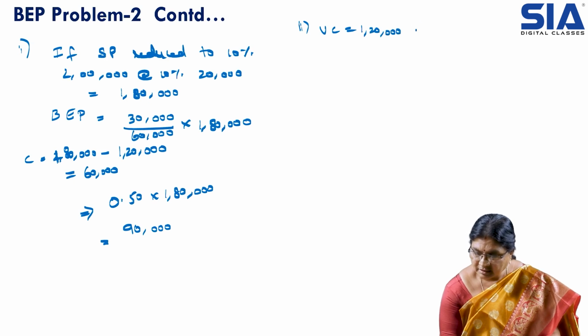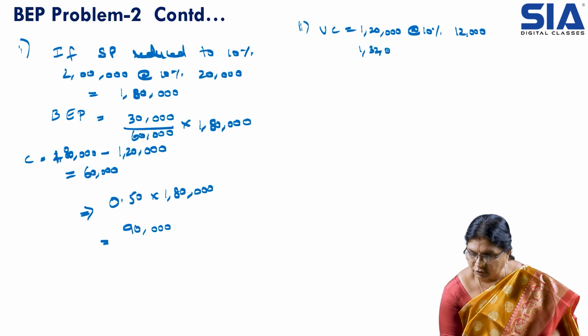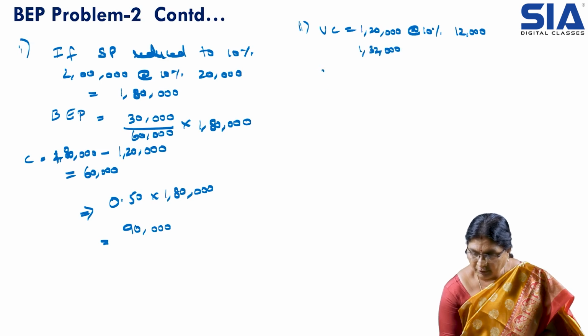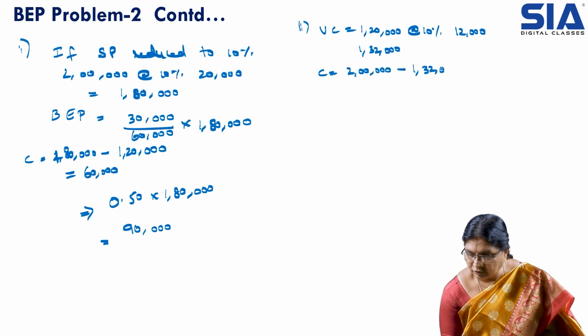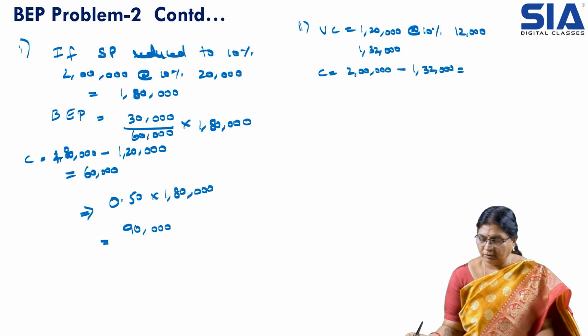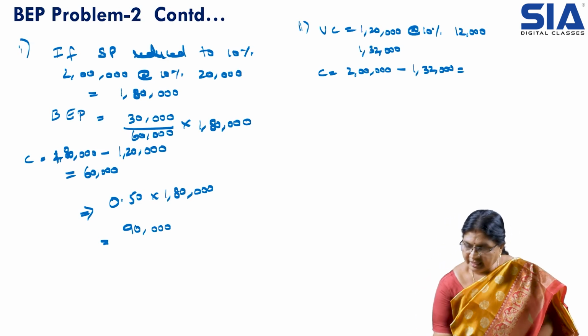If it is increased at the rate of 10%, that is 12,000. So VC is equal to 1,32,000. Then the contribution will be 2 lakhs minus 1,32,000, which is equal to 68,000.